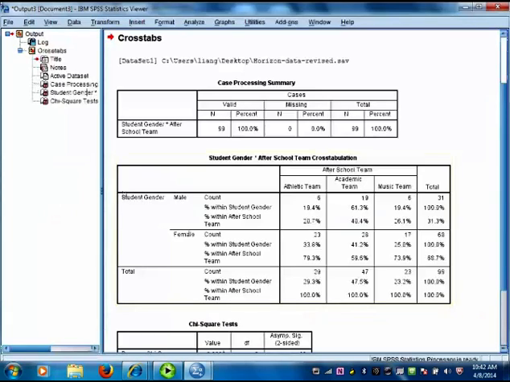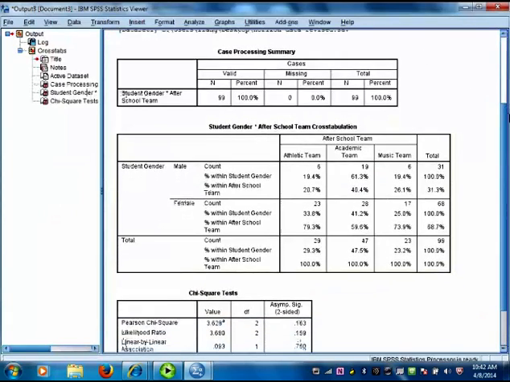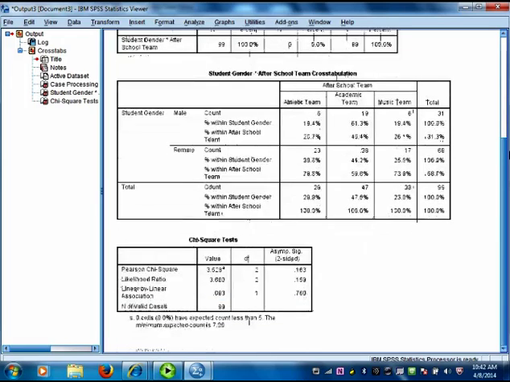Okay. So here is a table of chi-square analysis. My hypothesis is there is a significantly higher representation of male students in sports activities than females, for example. The chi-square value is 3.628, and the error, type 1 error, is 0.163.